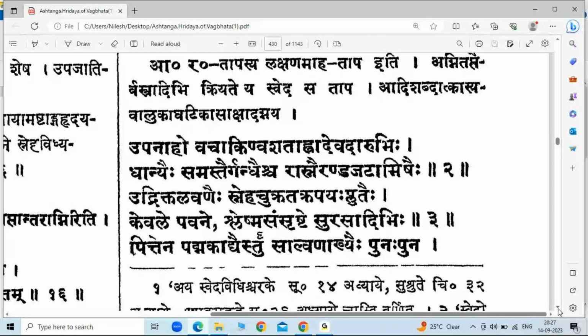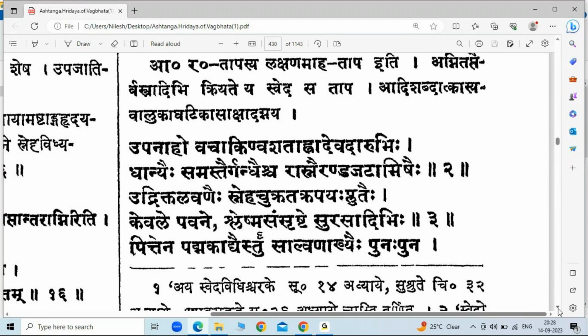But whether vacha, kinva, shatahva, devadaru are to be avoided in shleshma samsrishta, I don't think so; they can be added. Similarly, udrikta lavanaihi, sneha, shukta, takra, payaplutaihi can also be included. So the second line may be considered specific to kevala pavana. When it becomes shleshma samsrishta pavana, you replace those medicines with the surasadi ganam.